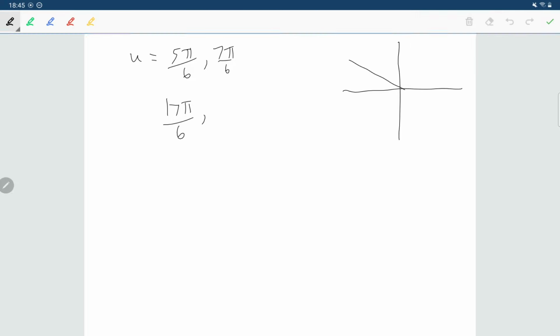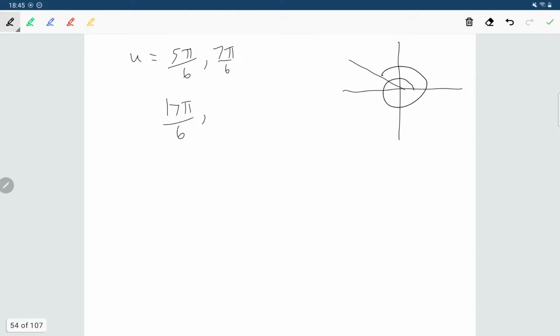You can also have 2 full circles, which is 2 pi, plus 5 pi over 6, which is 29 pi over 6.